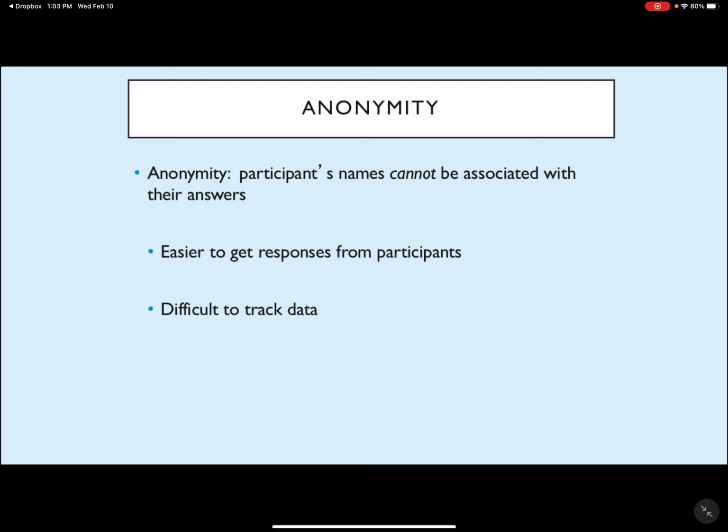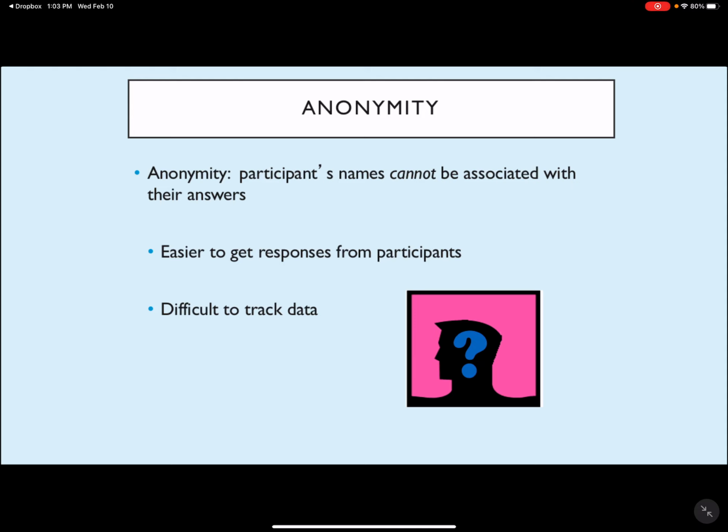So if at all possible, it's just ethically the easiest for research to make sure that your participants are completely anonymous. There's absolutely no link between their identities and their data.